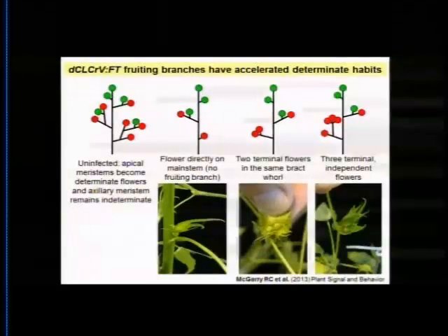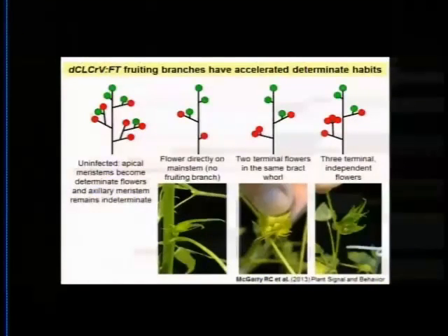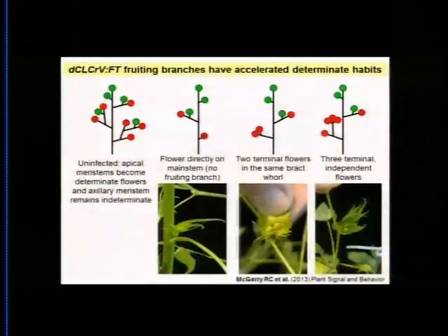And what it's doing is it's producing it directly on the main stem, where normally cotton would put a branch, a fruiting branch, in that location. So we've overexpressed the Flowering Locus T signal to such an extent that the meristem in that location has become determinate before it was able to grow out into a branch.